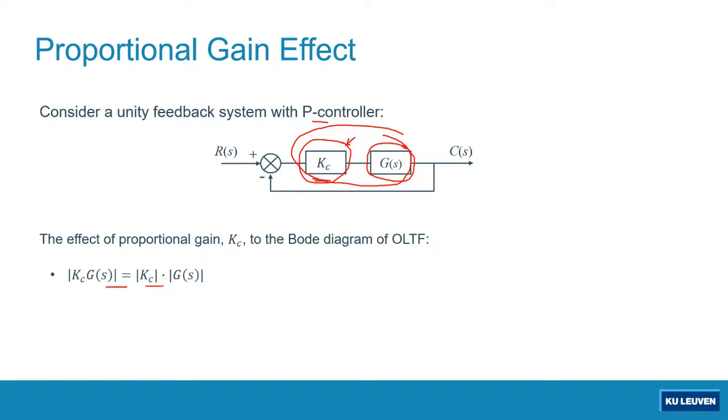Your new magnitude plot of the open loop transfer function will be equal to Kc times G(s), where G(s) is the open loop transfer function in your unity feedback system before you introduce the controller. What does it mean? Of course, the magnitude plot of a Bode diagram is always represented in dB scale.